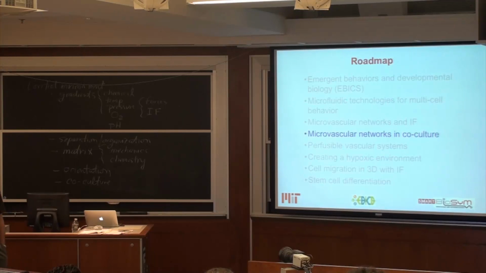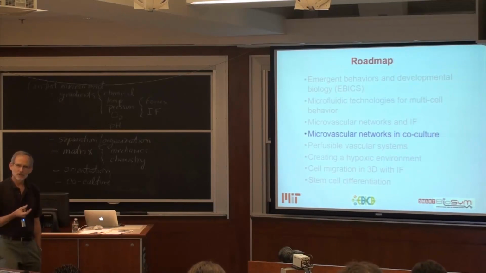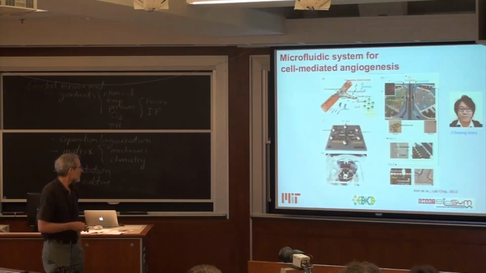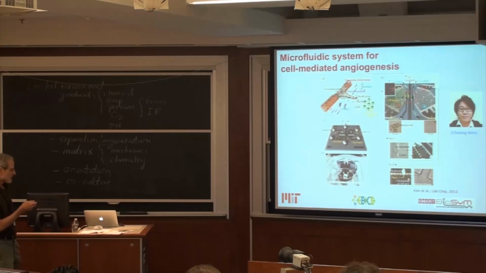There's been a fair amount of work in terms of, for tissue engineering especially, how do you engineer microvascular networks? Here's some work that's been done by Chung Kim in our lab.